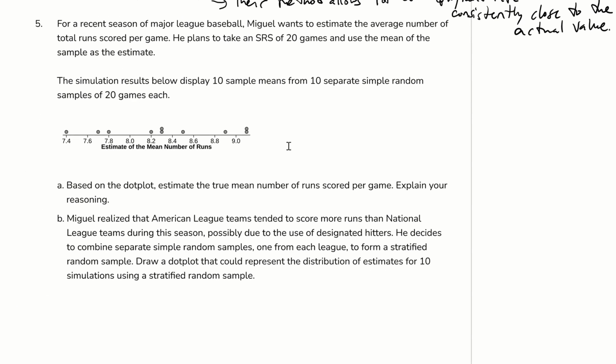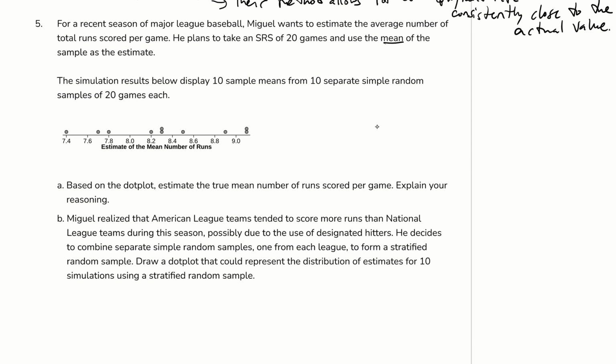So for number 5, for a recent season of Major League Baseball, Miguel wants to estimate the average number of total runs scored per game. He plans to take an SRS of 20 games and use the mean of the sample as the estimate. Okay, so he's using the mean, the average. The simulation results below display 10 sample means from 10 separate simple random samples of 20 games each.